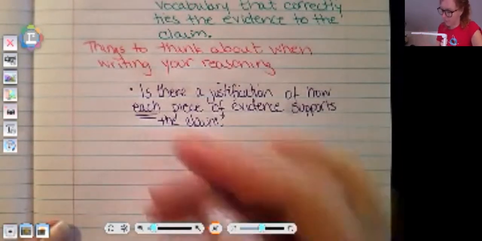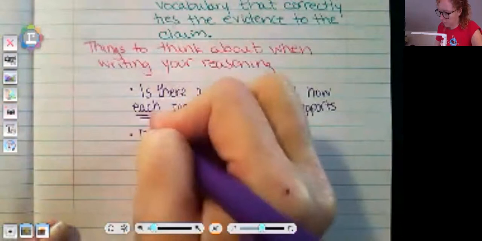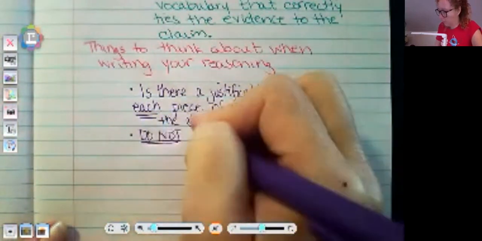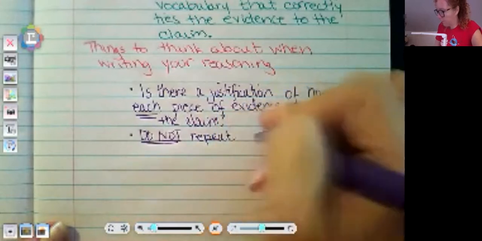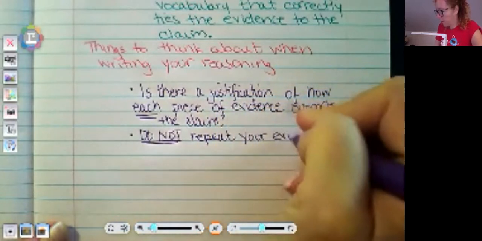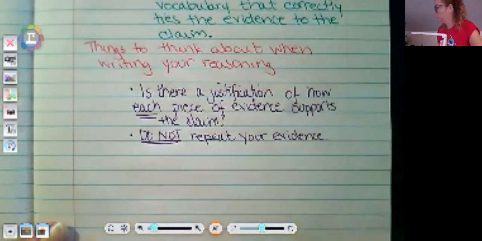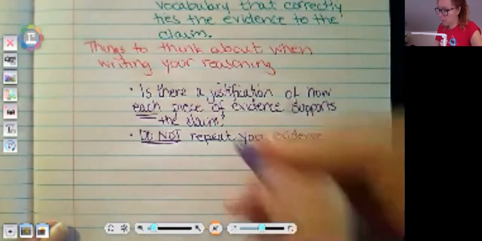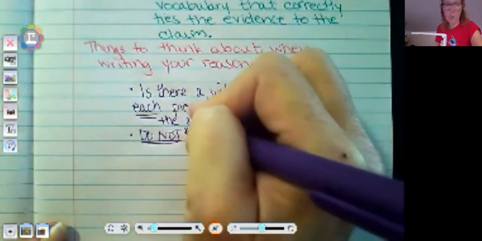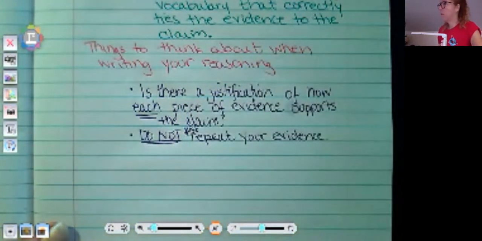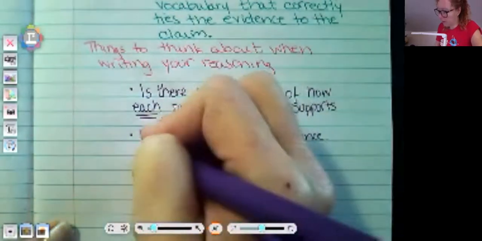Do not just repeat your evidence. So don't just put there were no movements of the molecules when the temperature changed. You want to find a link between why the evidence supports the claim. So don't repeat your evidence.